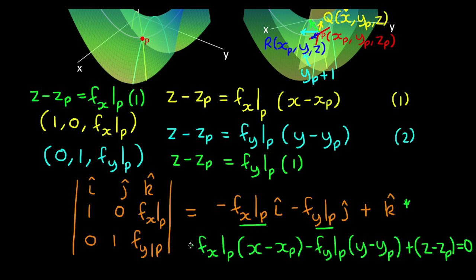And if we divide through by -1, our final equation looks like this, being the equation of the plane that's tangent to the surface at point P.